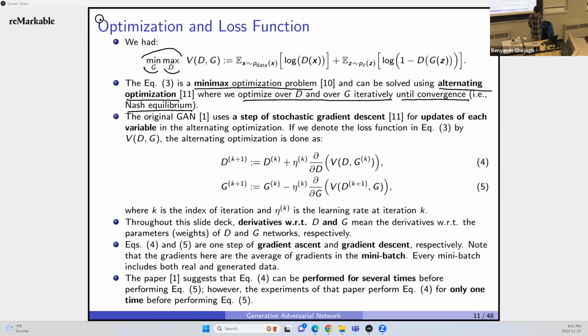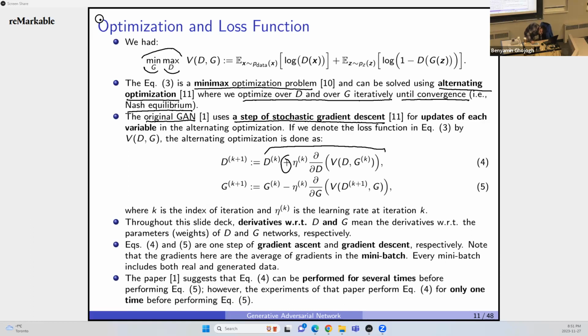Okay, we'll see that. The original GAN uses a step of stochastic gradient descent for updates of each variable. So basically one step of backpropagation. So far clear? D uses gradient ascent, in other words, minimizes minus the loss function. All right?